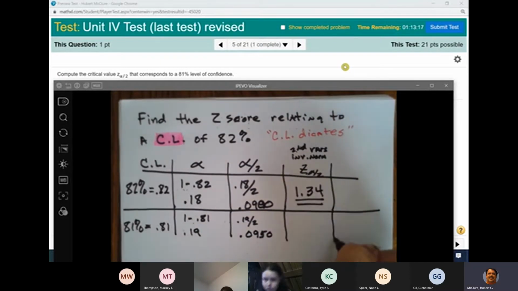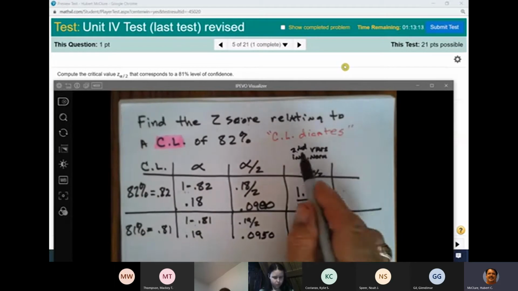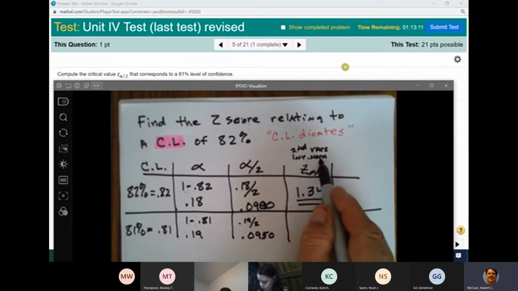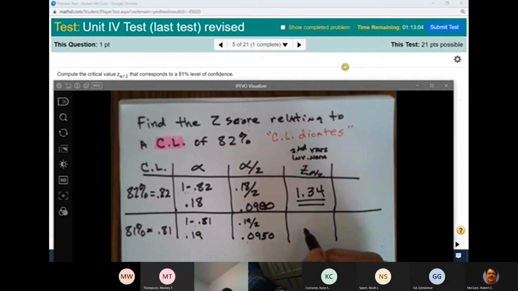Somebody check me, please. Yeah. And somebody do second, bars, inverse norm, 0.0950. What do you get? It's 1.31.